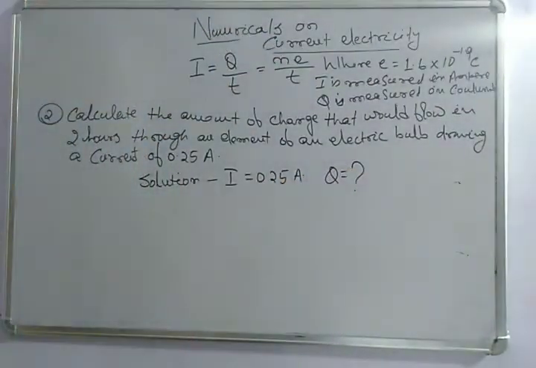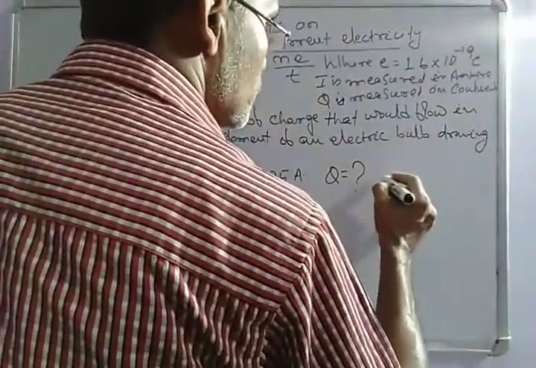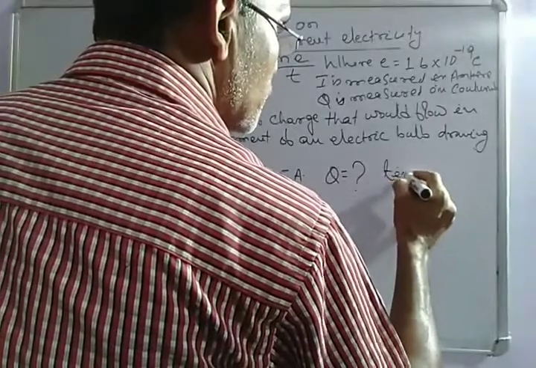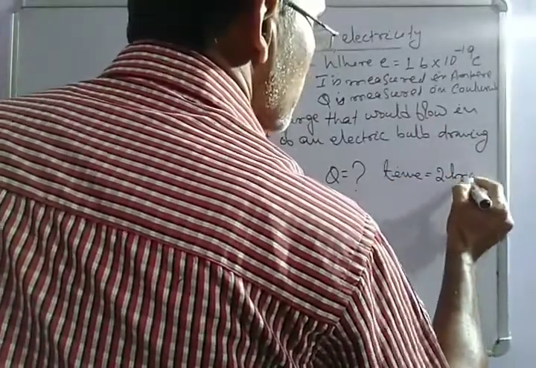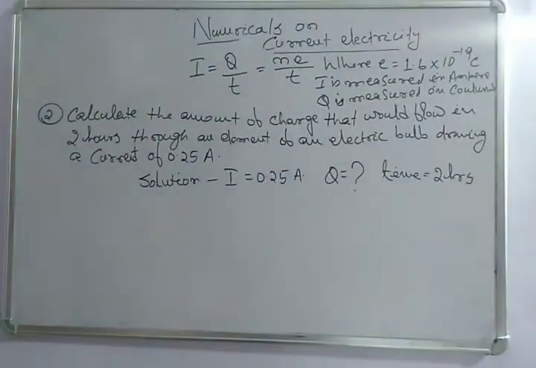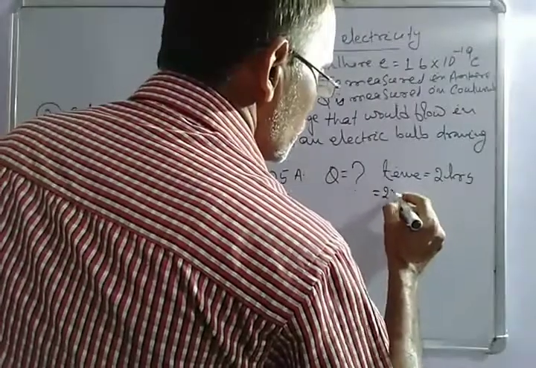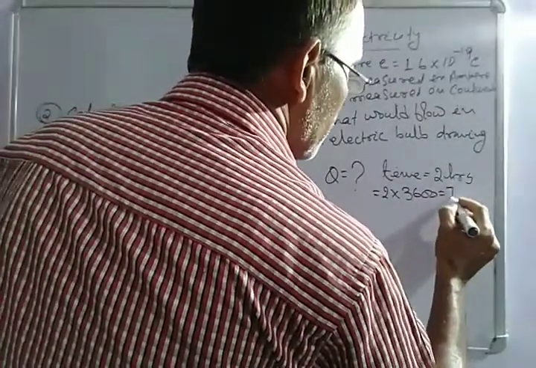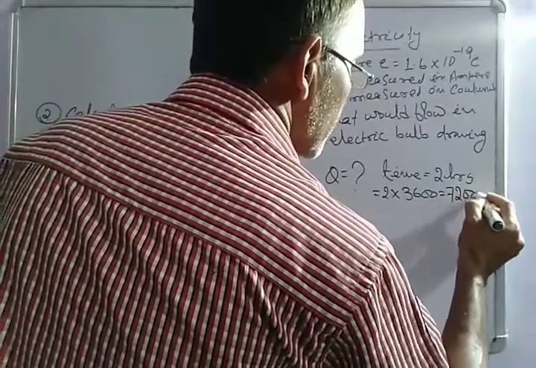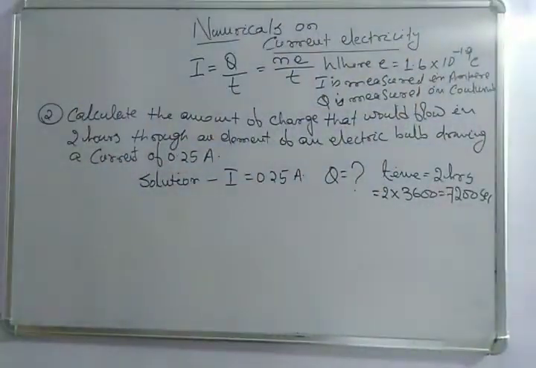Charge that would flow in time. Time is equal to 2 hours. So you have to convert this time into seconds. So this is equal to 2 into 3600, that is equal to 7200 seconds.